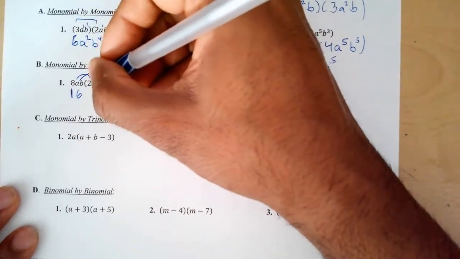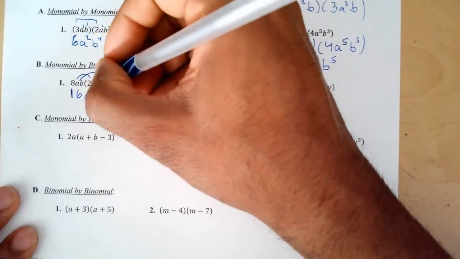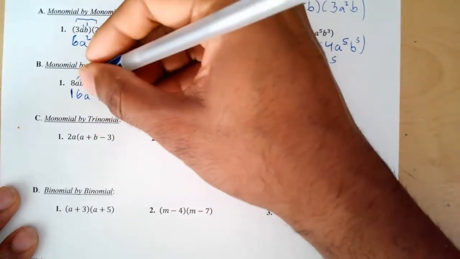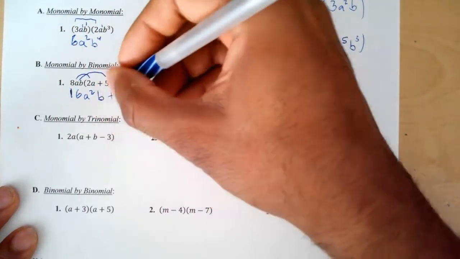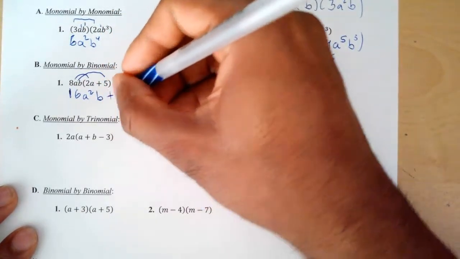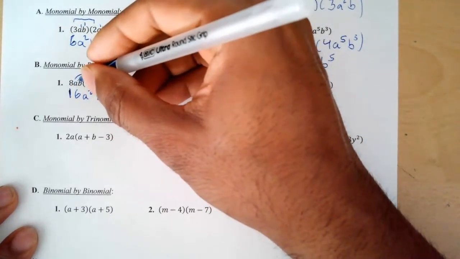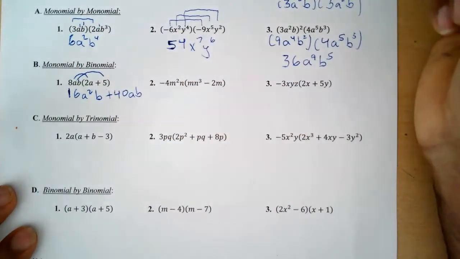And then a1 here, a1, so a2. And there's a b1, and there's no b here, so just bring the b down, right? So that's the first part. Second part, 5 times 8 will give us 40. And then you have a1 and b1, and there's nothing here, so you just bring down a and b, because there's nothing to add. There you go.